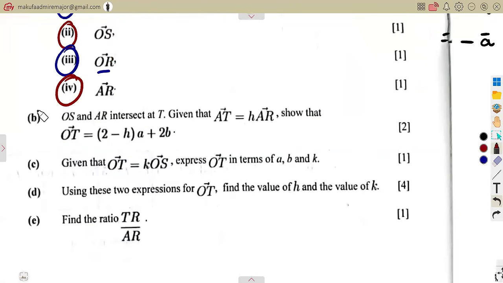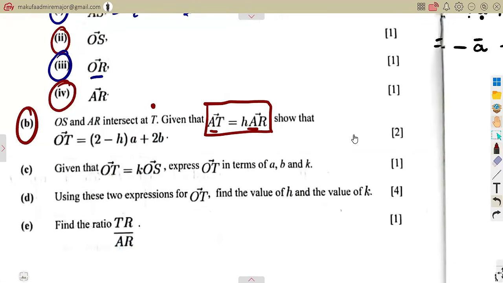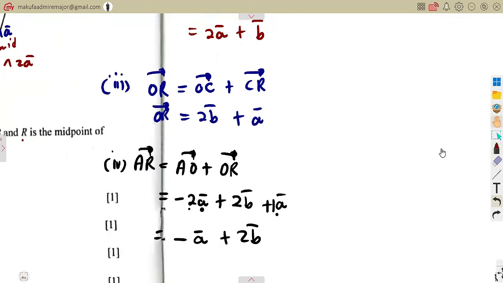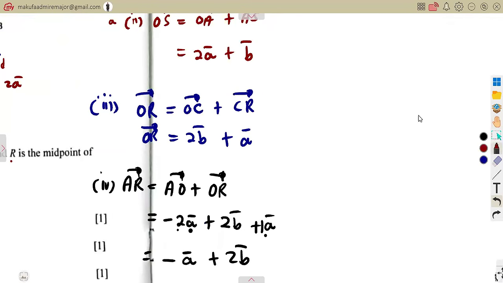Then on this other part, you're given OS and this AR, they intersect at T, and we're given AT. Show that OT is equal to this. Let's start with this. AT is equal to HAR. That statement alone, what does it mean? We are given AT is equal to HAR.